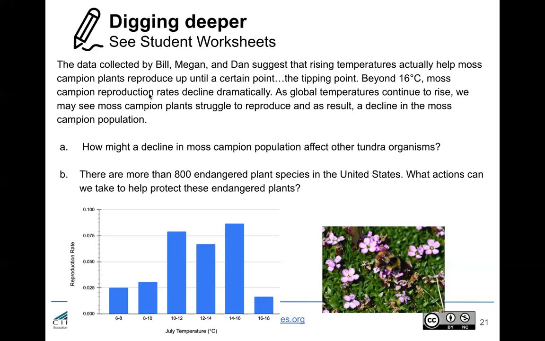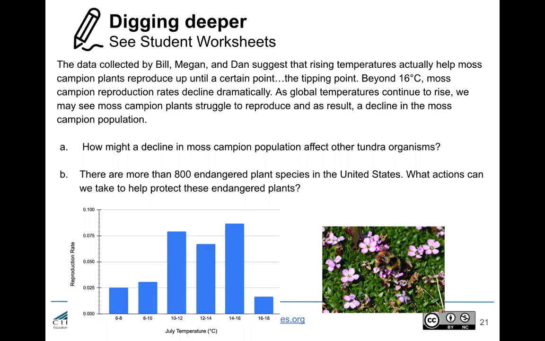And so I've tried to plant several seeds, kind of pun intended there, throughout the text in this exercise to get students to think about, like, okay, well, there are bees that depend on these moss campion plants, and what happens to those bees if we don't have moss campion plants, and what other organisms depend on those bees. So trying to identify that ripple effect.